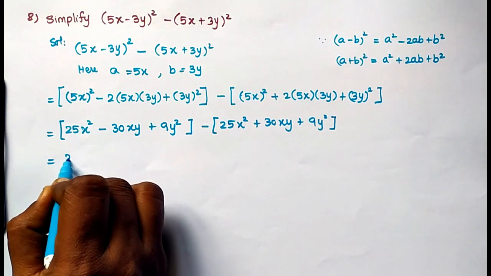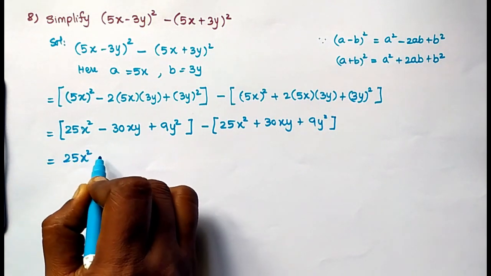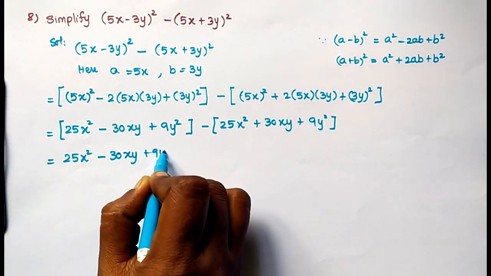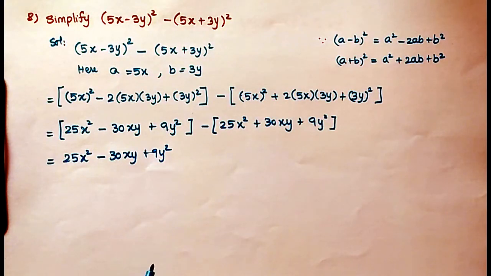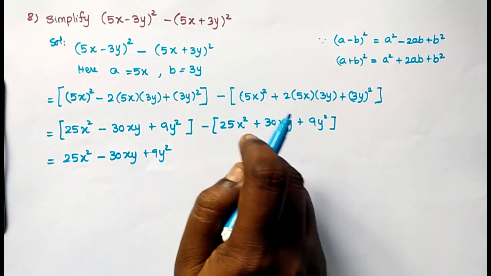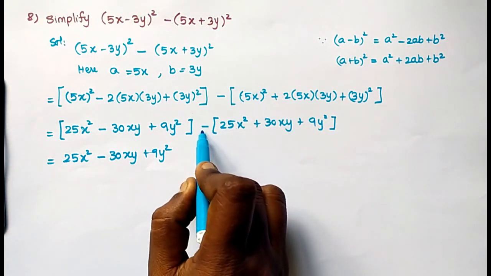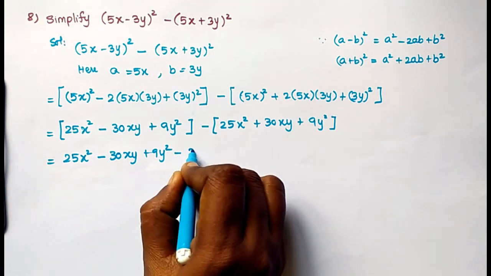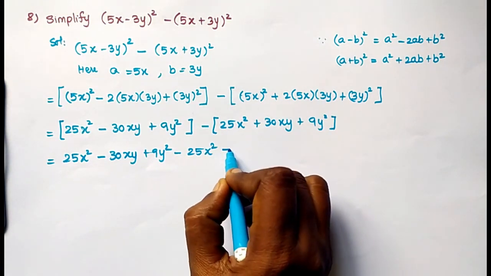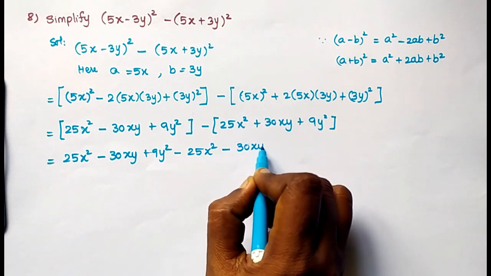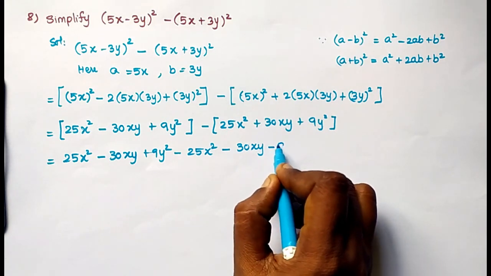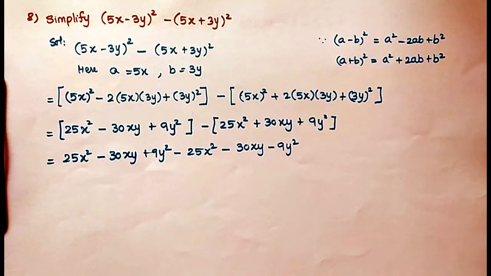Now remove the bracket, 25x squared minus 30xy plus 9y squared. Here multiply this minus with these 3 terms. So minus into plus, minus 25x squared, minus into minus, plus 30xy, minus into plus, minus 9y squared.